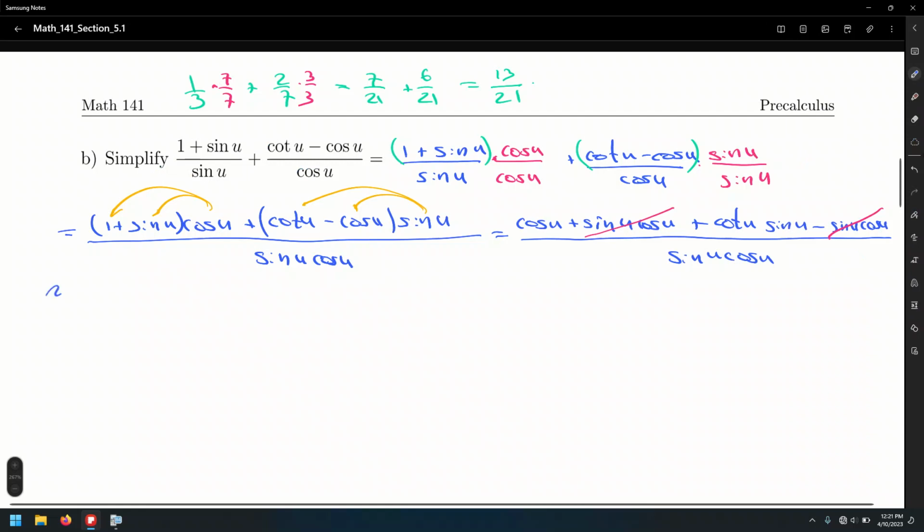All right, so that's going to leave us with cosine u plus cotangent u sine u. The whole thing divided by sine u cosine u. All right. And over here we could use the split up trick to write a couple of fractions.